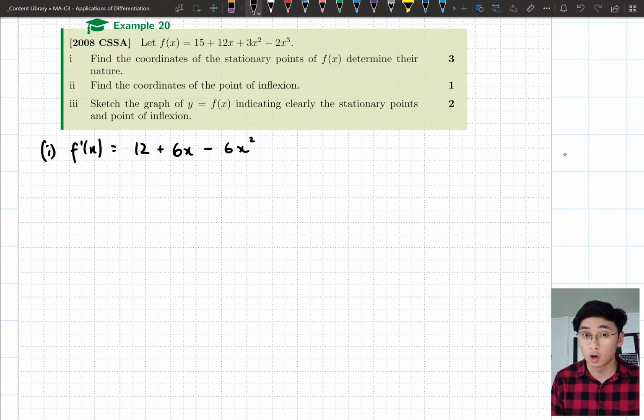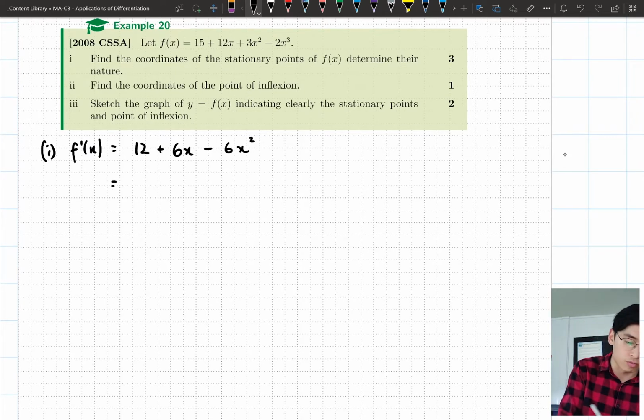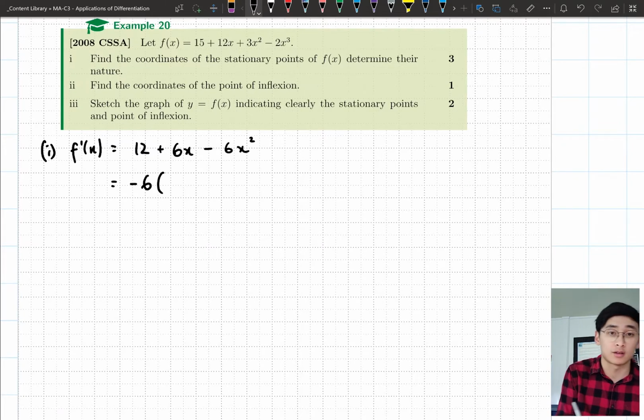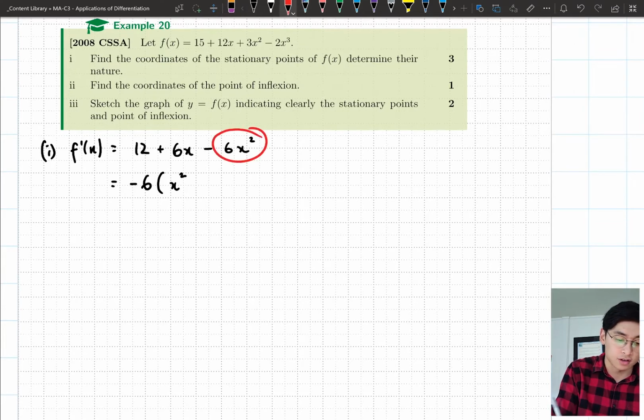Okay, now I want to solve for this is equal to 0. The way that we want to do this is we should factorize it so we can see that 0 is easier. I notice from each of my terms I can take out 6, and I'm also going to take out a negative 6. So I can actually just rearrange this and write it in the opposite power order. So here I want to write it as x squared, this term over here. I'm putting this first, and then it's going to be minus x minus 2.